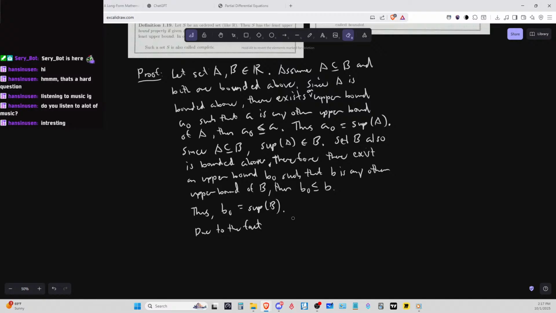The thing of it is that I have to ensure that basically we know that the supremum of, due to the fact that both the supremum of A and the supremum of B are elements of B.